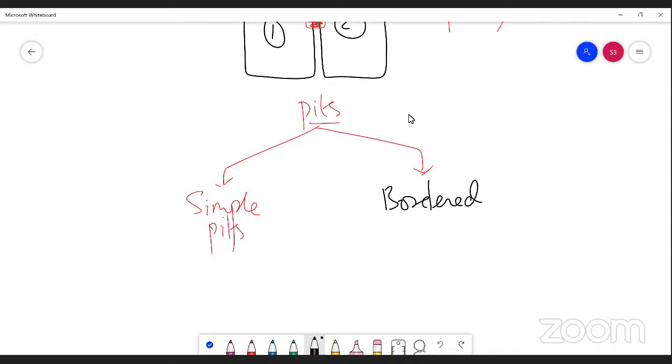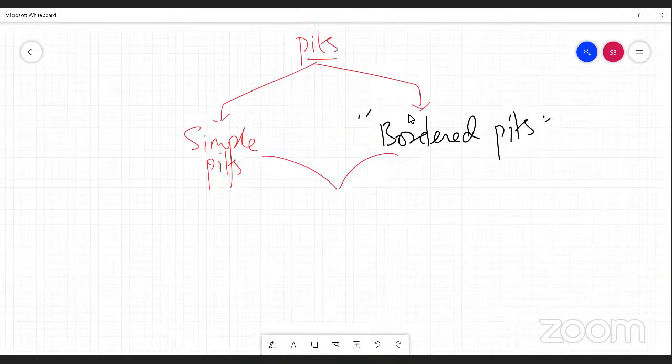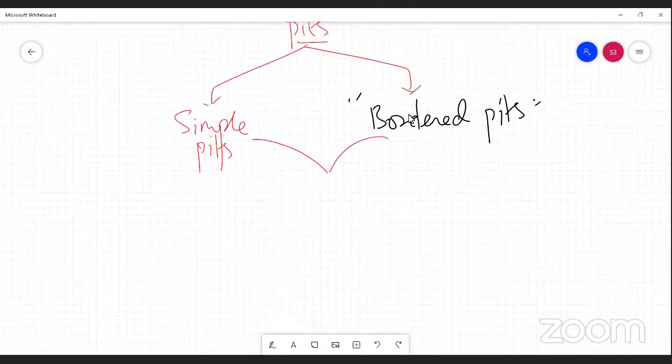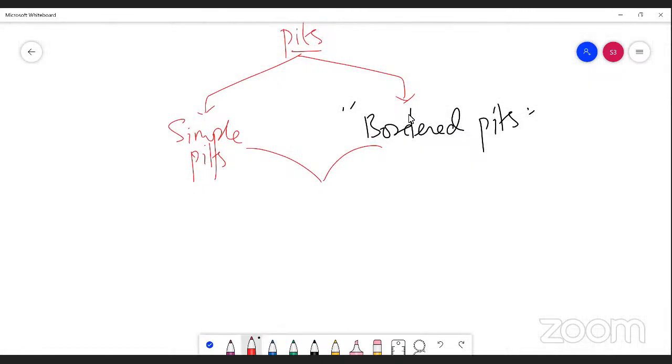The pits are associated with the simple pit and the border pit, along with the pit membrane.